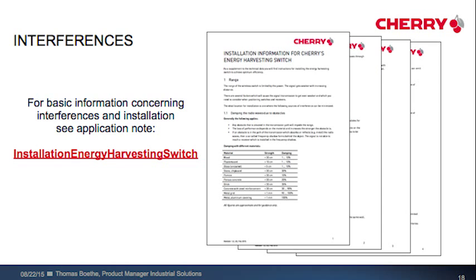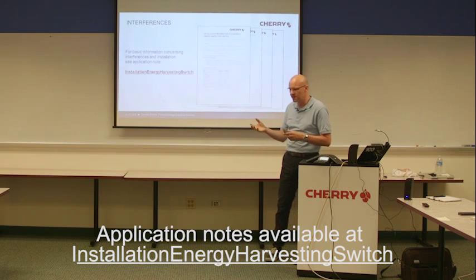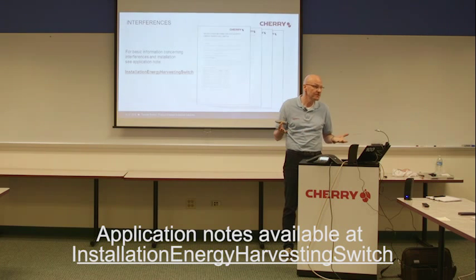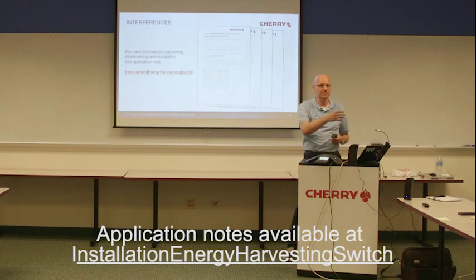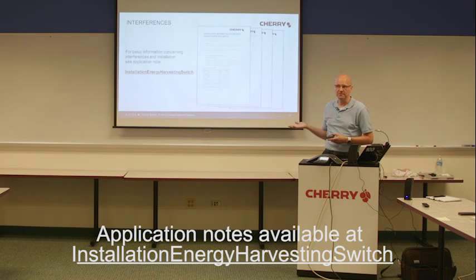On slide 17, I listed the link to our basic information concerning interferences. Every RF system in the real environment of the application has to be robust against interferences, because the more RF systems are installed in your application, the more RF interferences occur. For example, Wi-Fi.